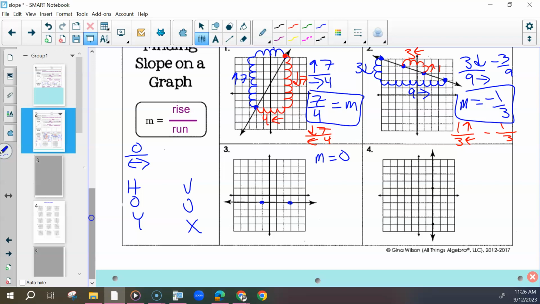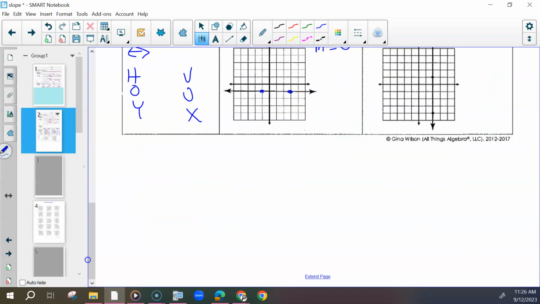Now, if you want to write out what they mean, you might need a little bit more space. This stands for horizontal lines have a 0 slope and are y equals. Some of that won't make a whole lot of sense right now, but later in this unit, it will.